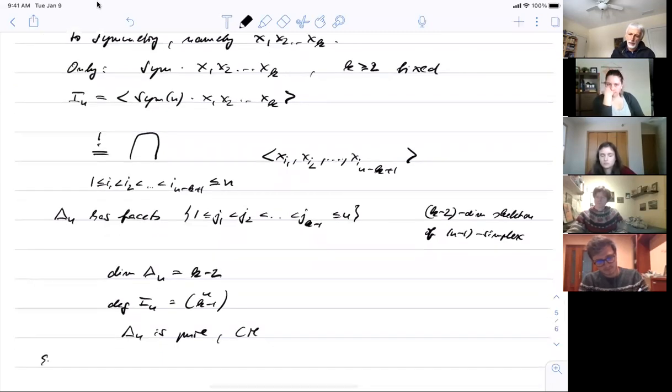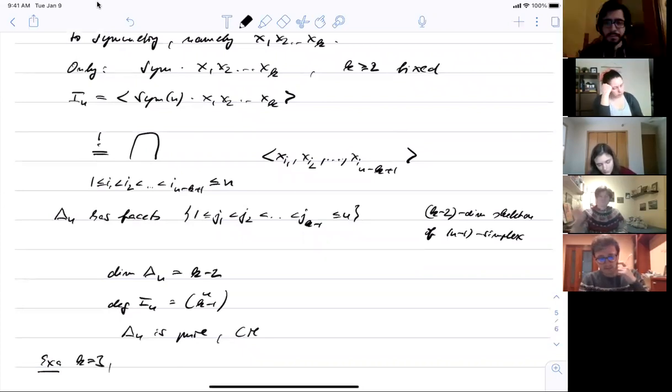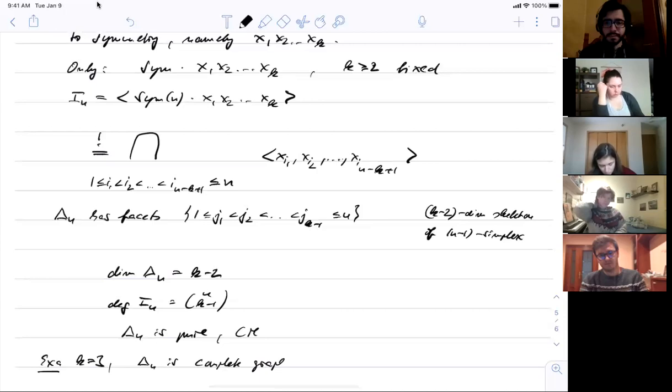So for a particular example, if you take k equals 3, then the complexes have dimension 1, and in fact, Delta_n is just a complete graph on n vertices.